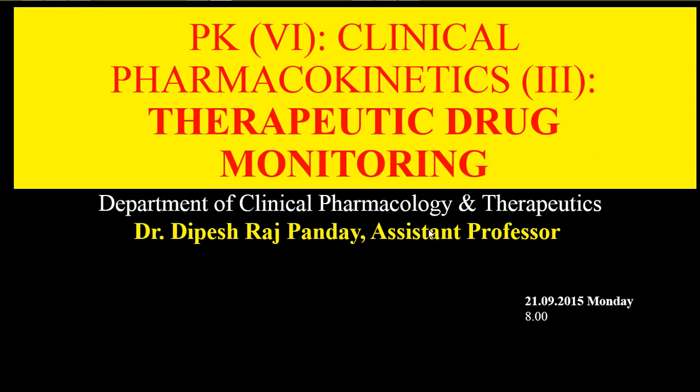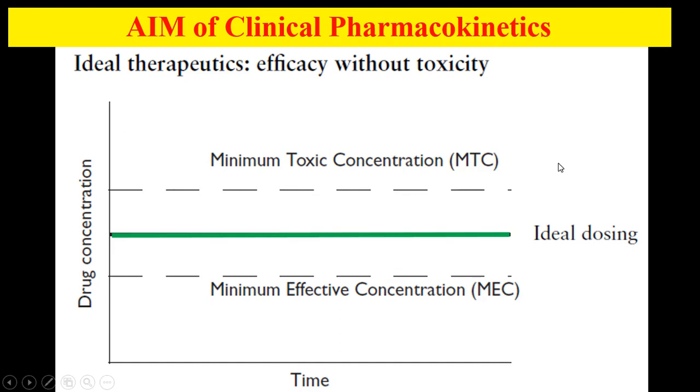As I have told you in the class earlier, the main aim of clinical pharmacokinetics is to achieve a drug level which is above the minimum effective concentration, at which the drug works, but at which the drug doesn't produce side effects, that is, below the minimum toxic concentration.